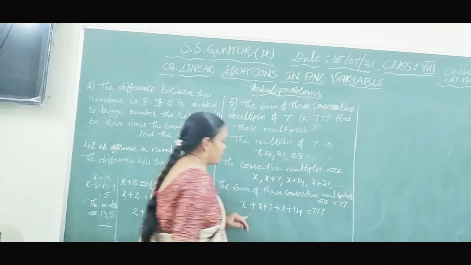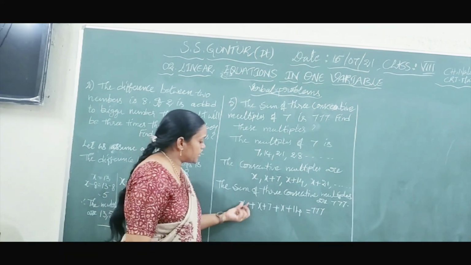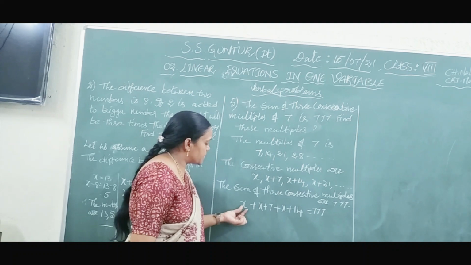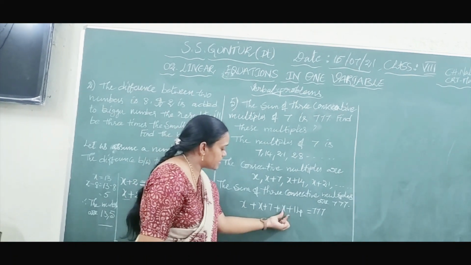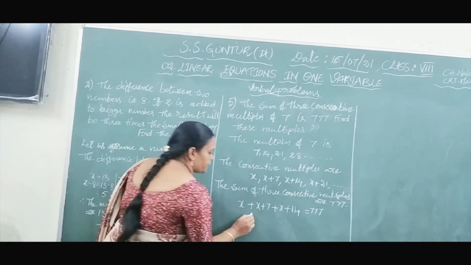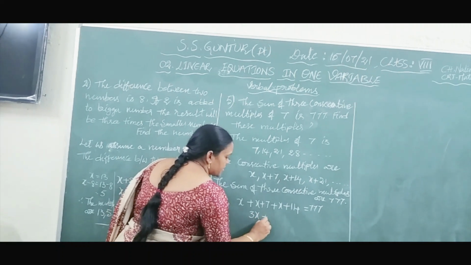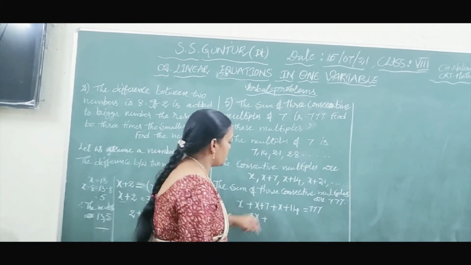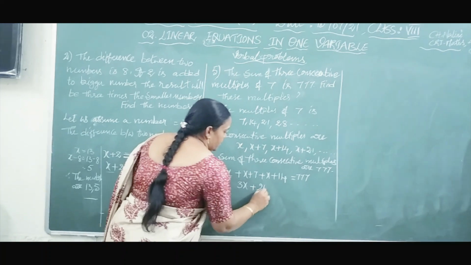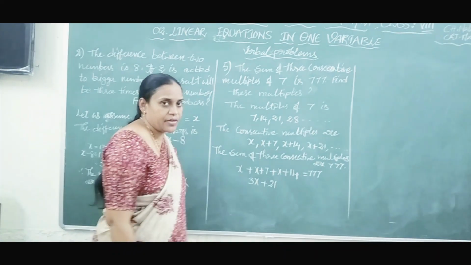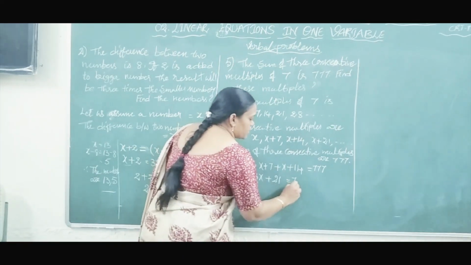Now, what are the variables here? Adding the variables, x and x and x, 3 x's are there. Therefore, 3x plus 14 plus 7, how much? 21. 14 plus 7, 21, equal to 777.